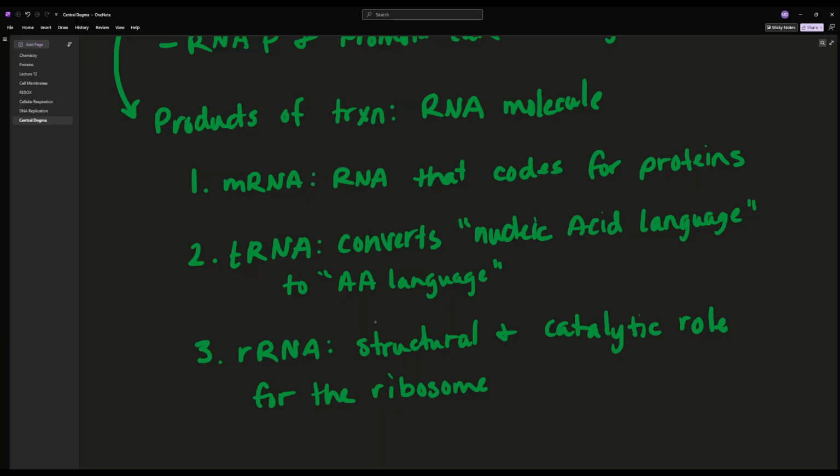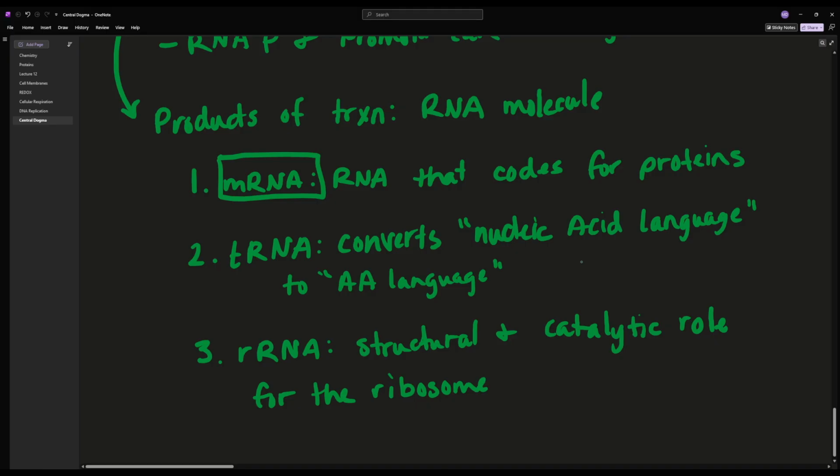Okay. Importantly, the mRNA, like I said, is the only one that's protein coding. The only one. None of the rest of them get translated to proteins. Might they be involved in translation? Yes, but are they translated themselves?